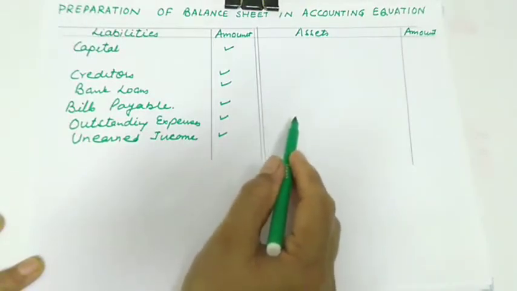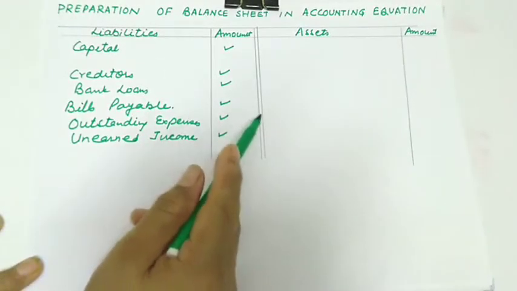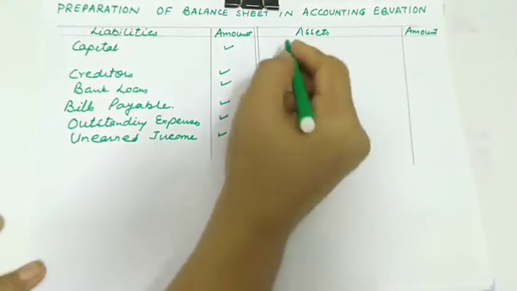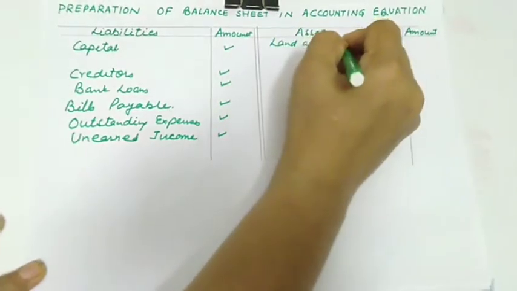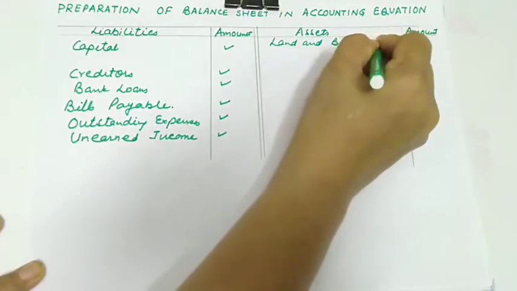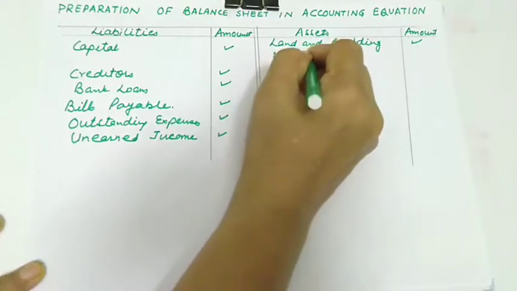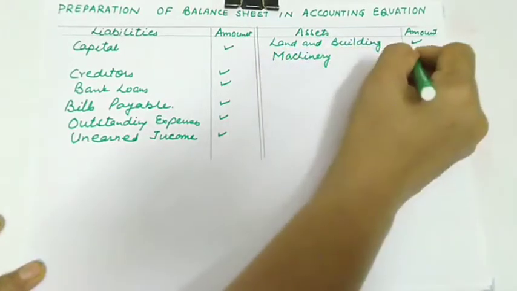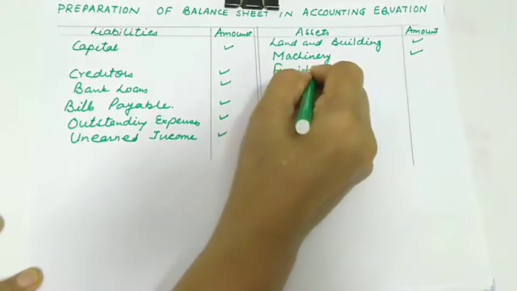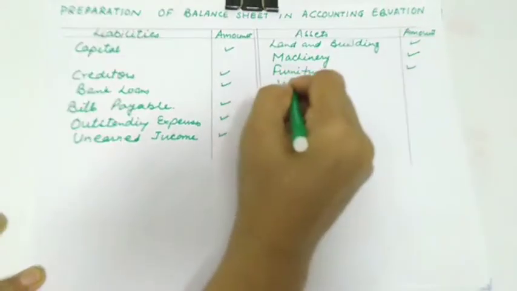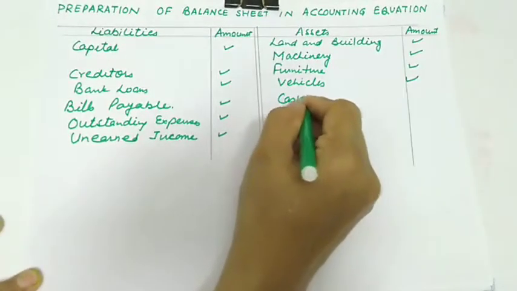Asset side shows how you use these resources. So this will be the answer of all these sources of finance, how you utilize your sources. Like for example, if you purchase land and building, it will be recorded here. It is your asset. You feel proud to be the owner of land and building. So this will show your possessions, furniture, all your software, your vehicles, your cash balances.